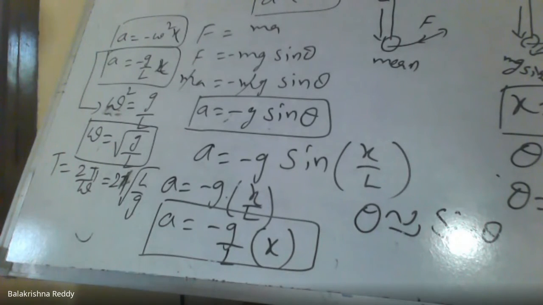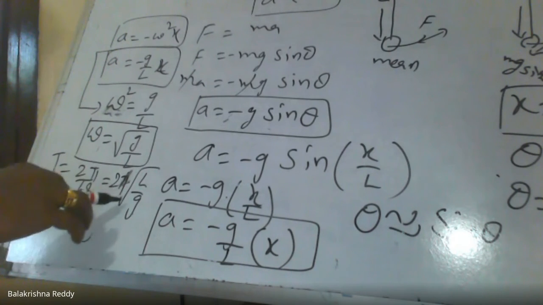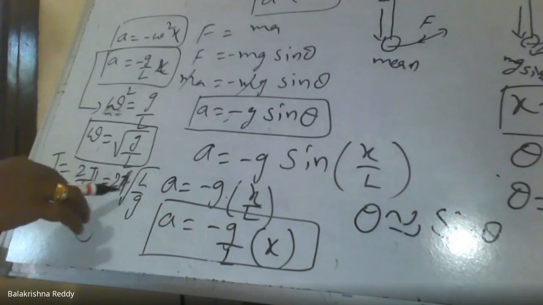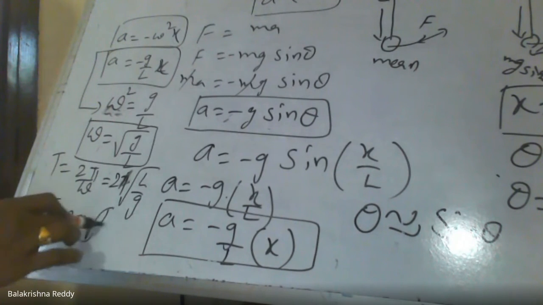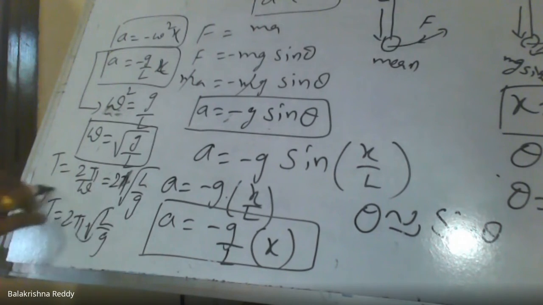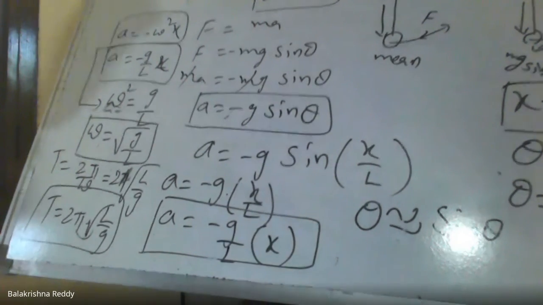Taking the reciprocal, time period T equal to 2 pi under root of L by g. This is the time period of a simple pendulum.